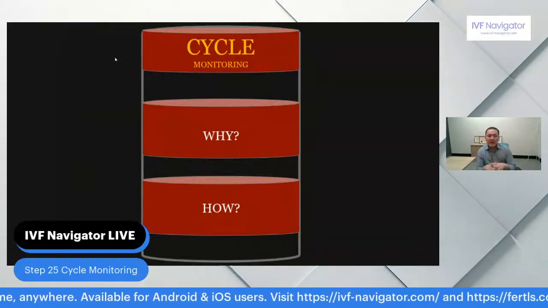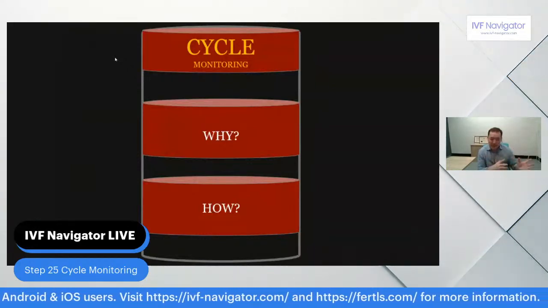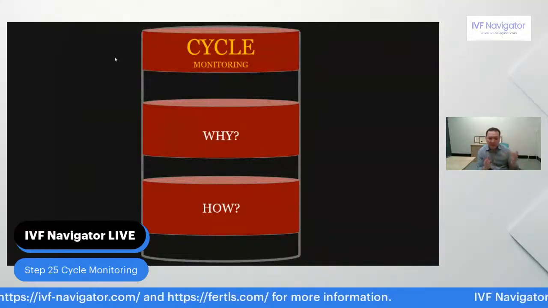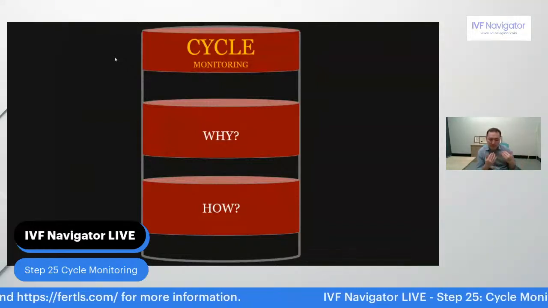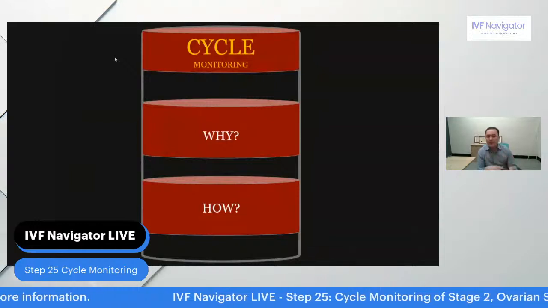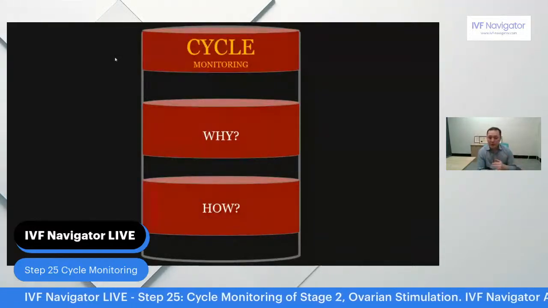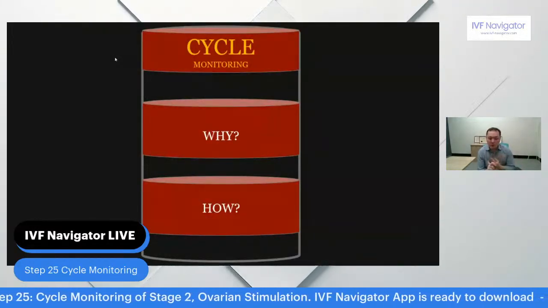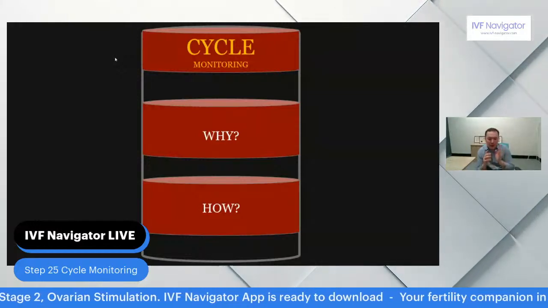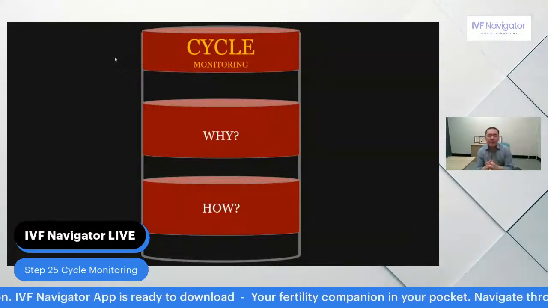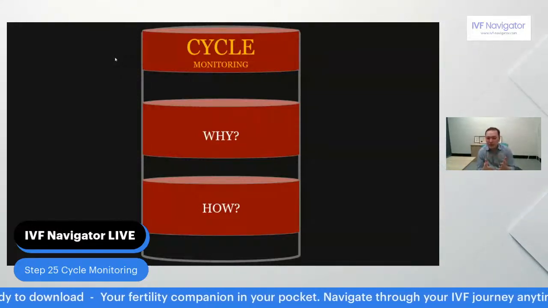That's determined by a number of factors related to the patient and couple themselves, and a number of factors related to our decision making before we start IVF. For example, what protocol we choose, what drugs we choose, what dose of the drugs we give. Then it's also very dependent on our monitoring of the cycle.